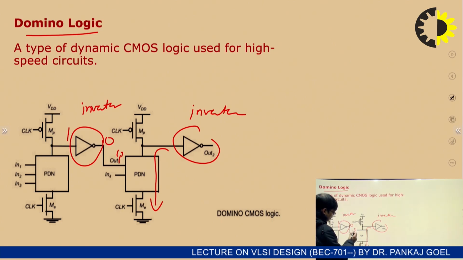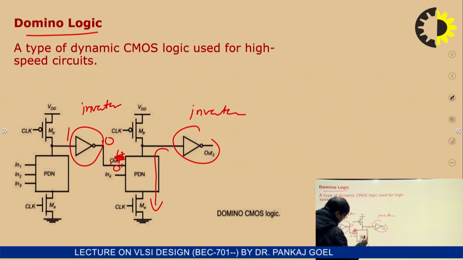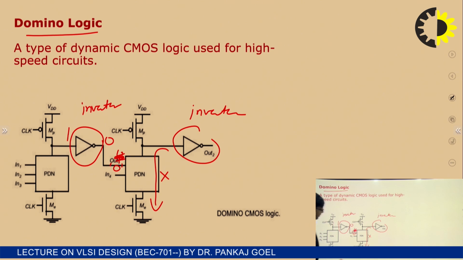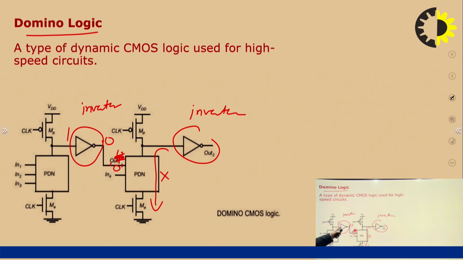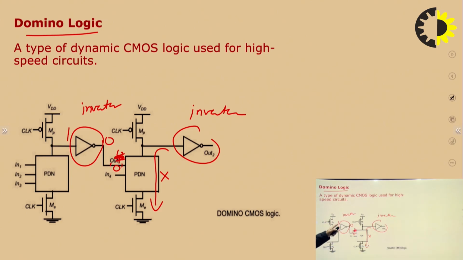If instead of logic 1 we have a logic 0, there is no discharging, and the output of the second stage will remain at logic 1. So there is no erroneously low state. That is the advantage of inserting an inverter at the output of each dynamic stage. This is known as domino logic.